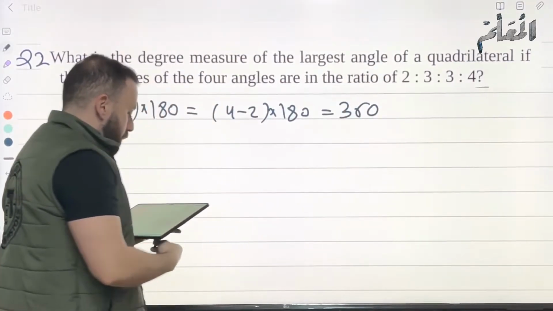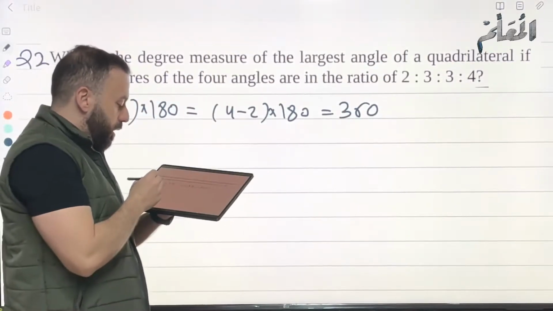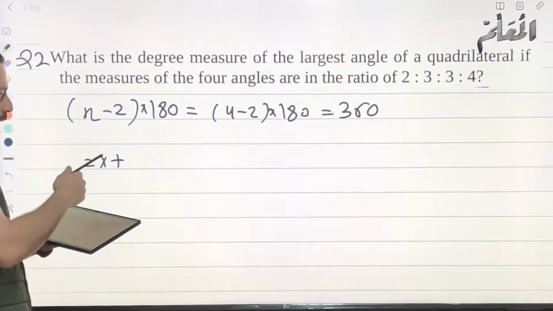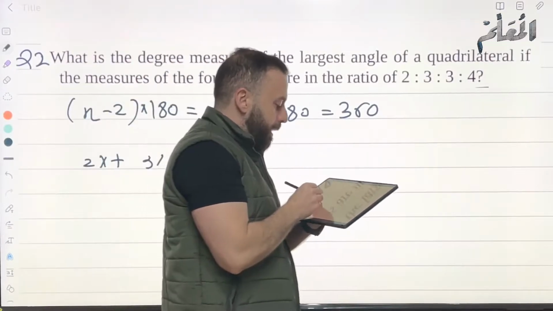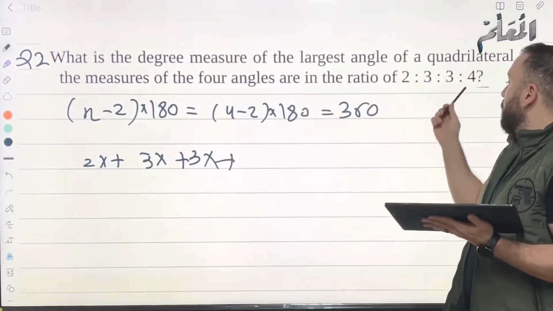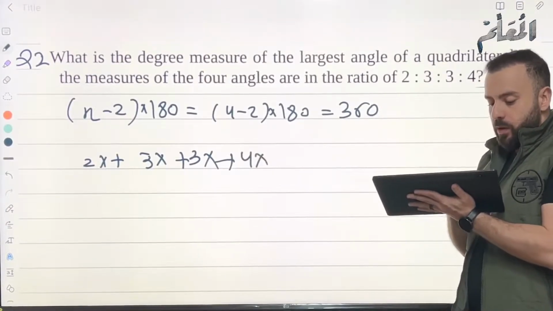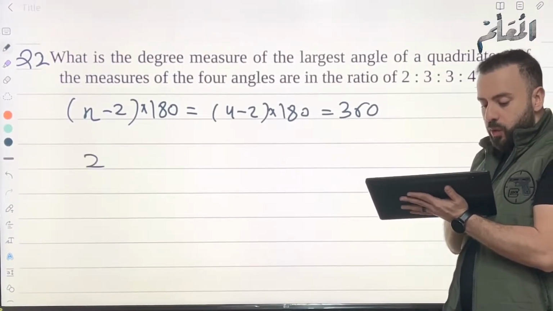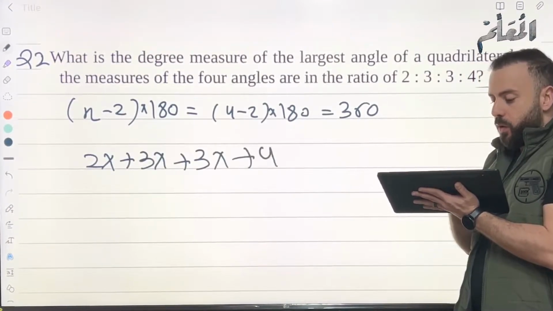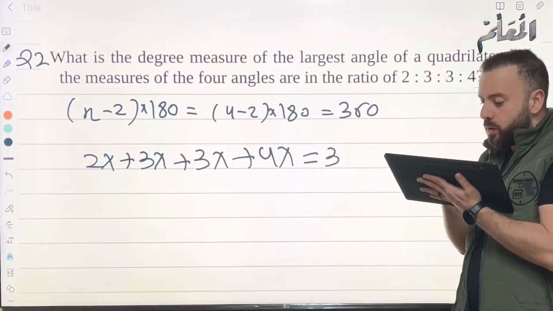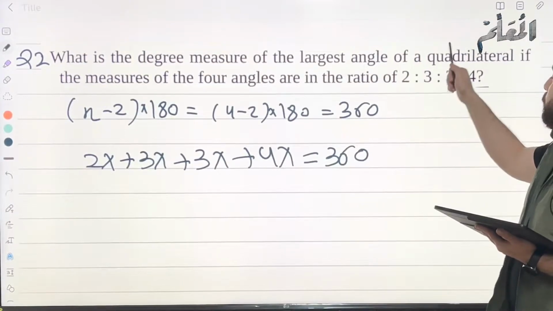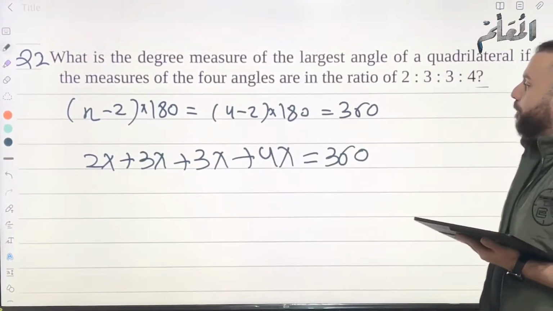So using ratios here, it's 2x plus 3x plus 3x plus 4x, and that's equal to 360. So 2 to 3 to 3 to 4.